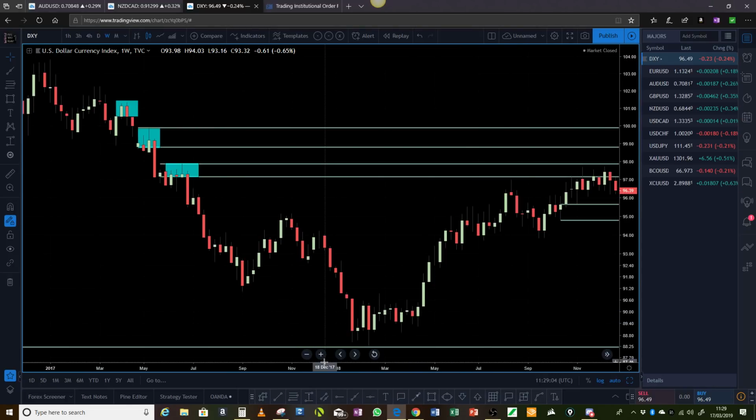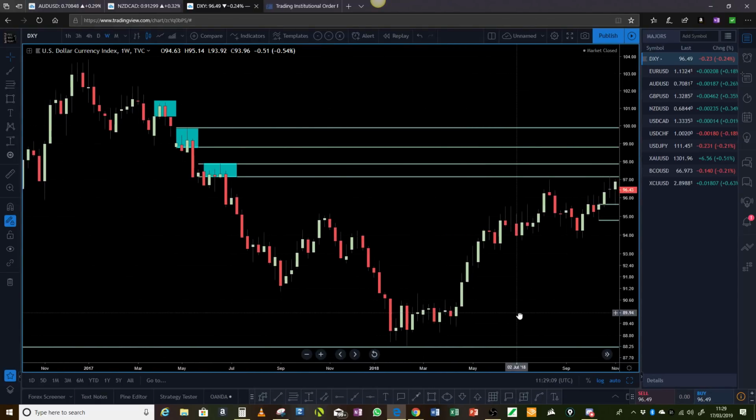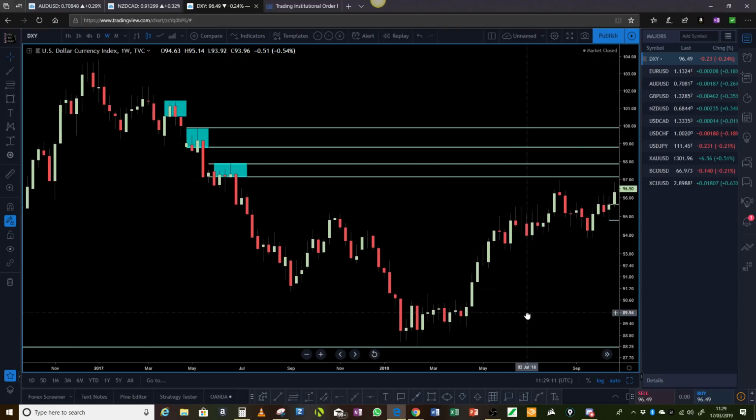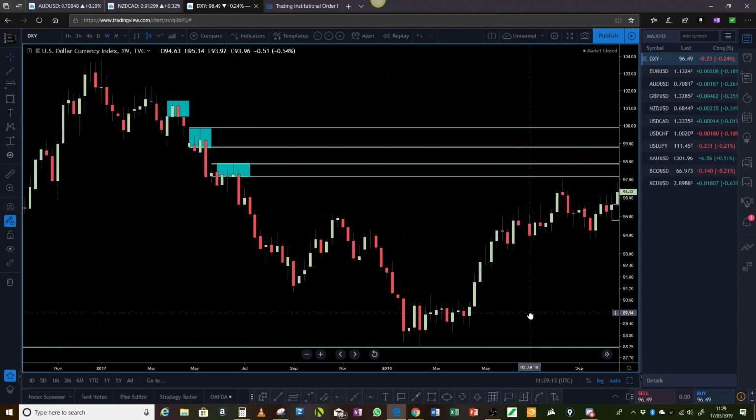Before prices got to this level, this was what the markets looked like. Now you had a demand zone here. Again, the quality is something you'd have to assess, but this is the area I'm speaking of right here.